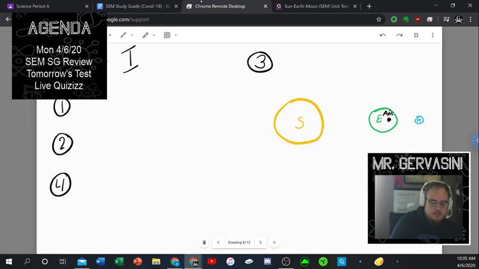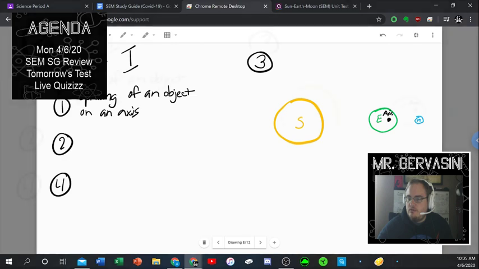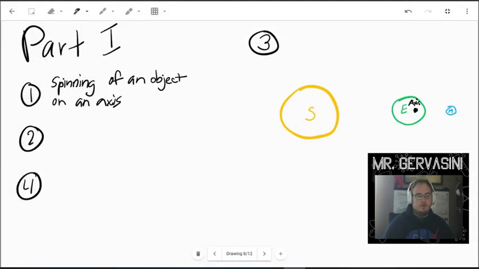Rotation is spinning of an object on an axis, right? That's what rotation is. And just keep in mind that an axis is an imaginary point that connects a north pole and a south pole, all right?